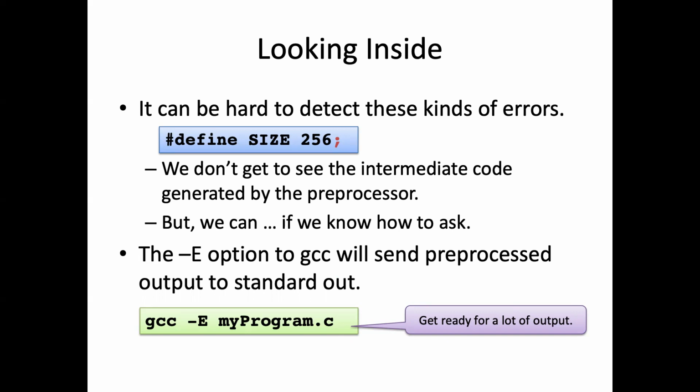For this reason, it's handy to have the -E compiler option. We already talked about this maybe the second day of class. Big -E stands for expanded. If you put -E, then you're asking the compiler to just run the preprocessor on your code and show the result of that.